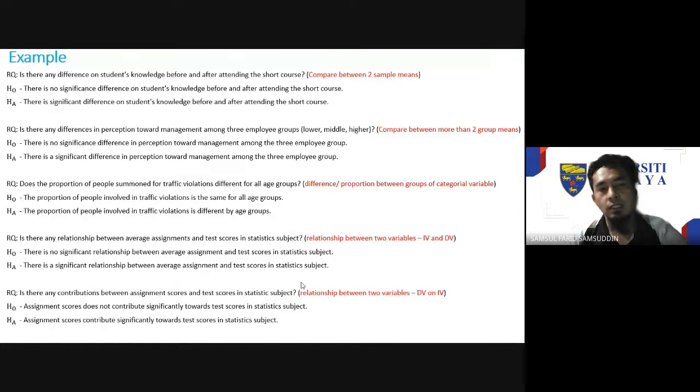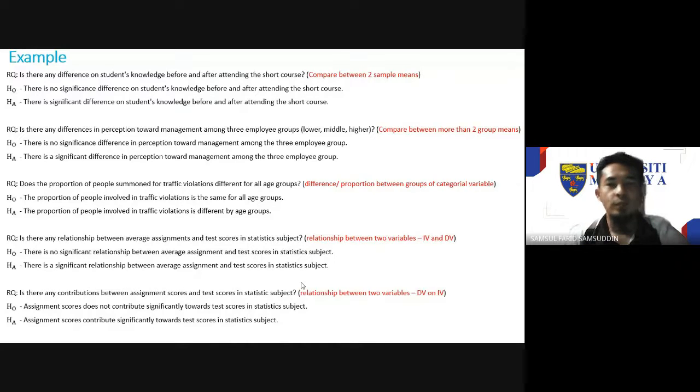But in a statistical background, it is easier for you to reject the null hypothesis rather than accept the null hypothesis.